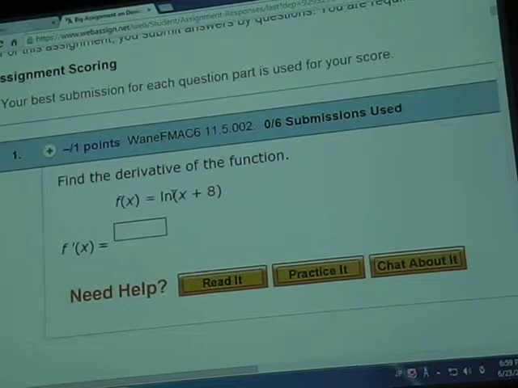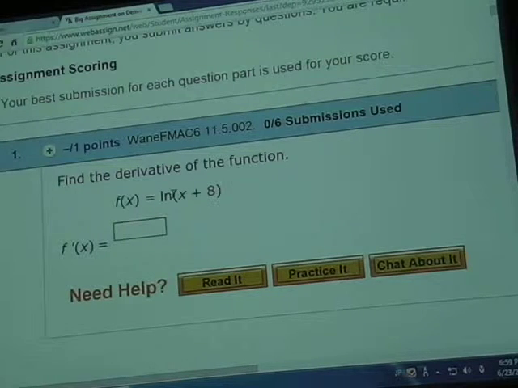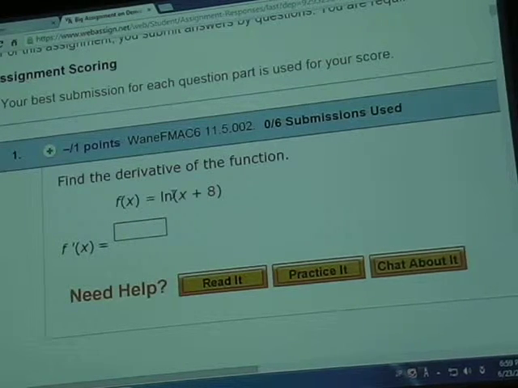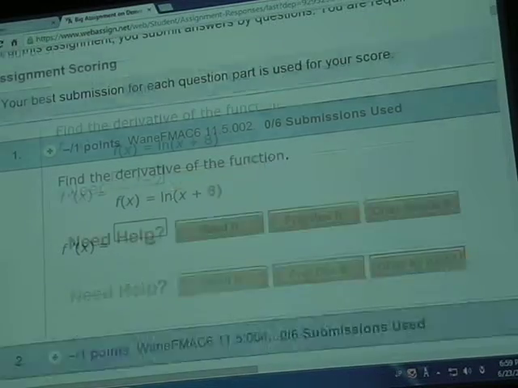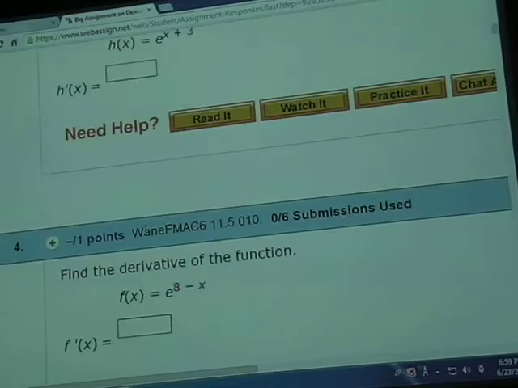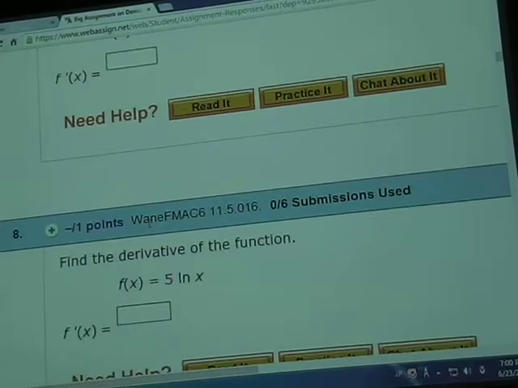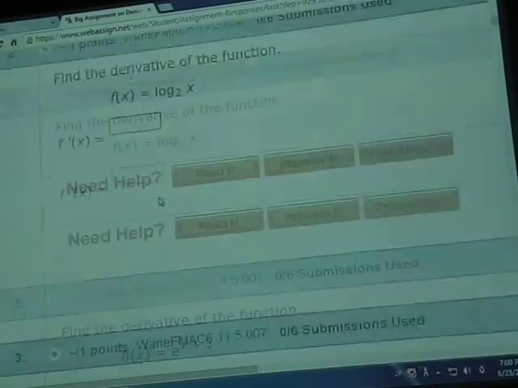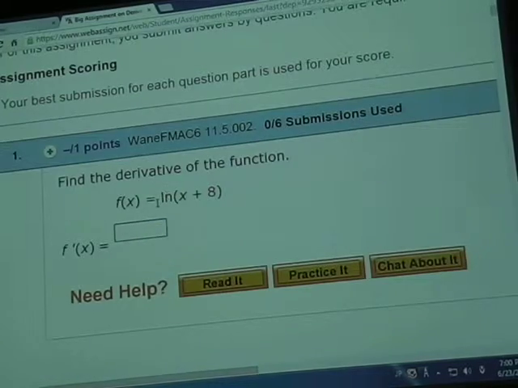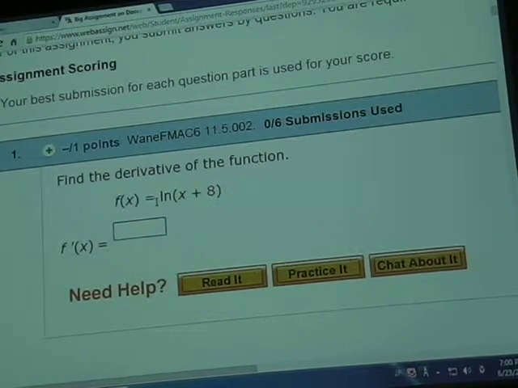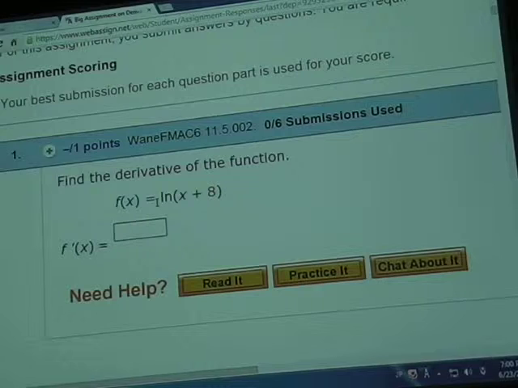What rule? The chain rule. Well, actually, that one is not so clear. But I'll give you the hint that you use the chain rule, and I'll give you one more hint.